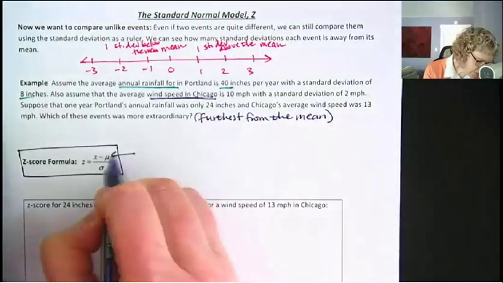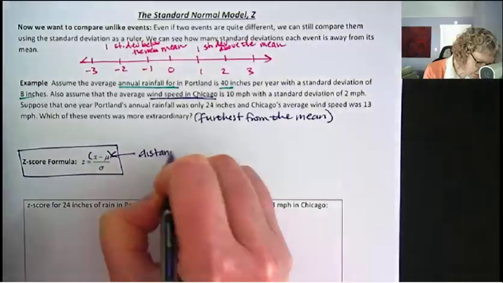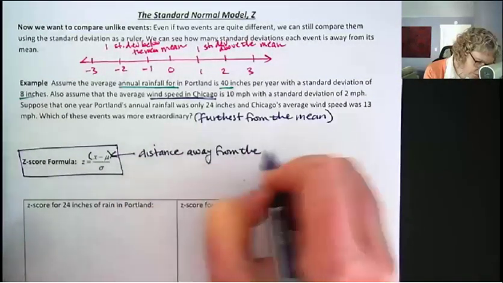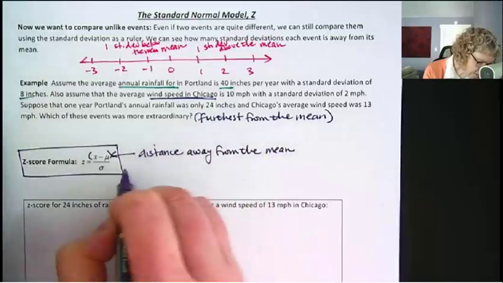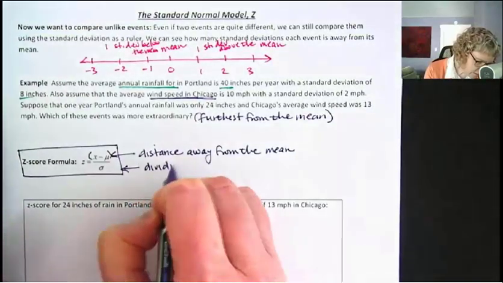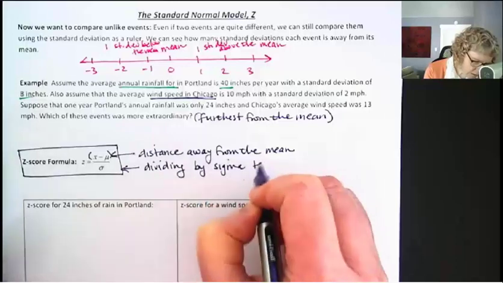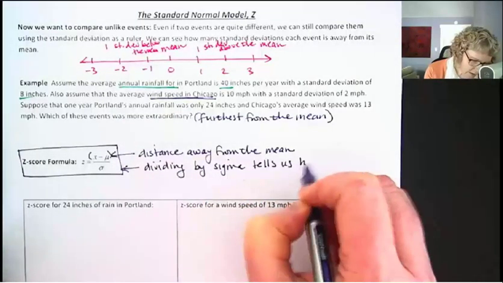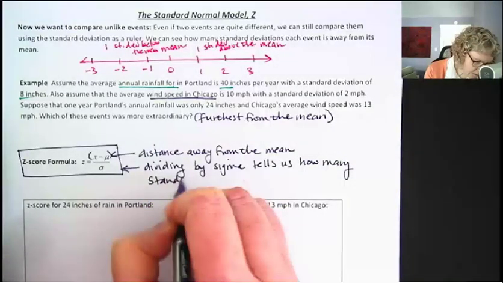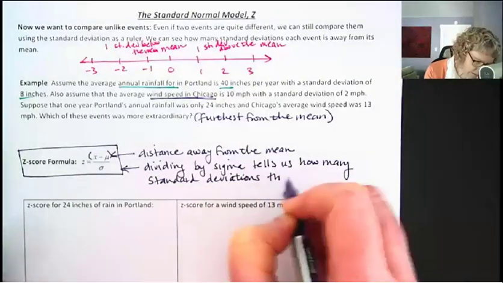The numerator is the distance away from the mean, and then when we divide by sigma, that tells us how many standard deviations that distance is.